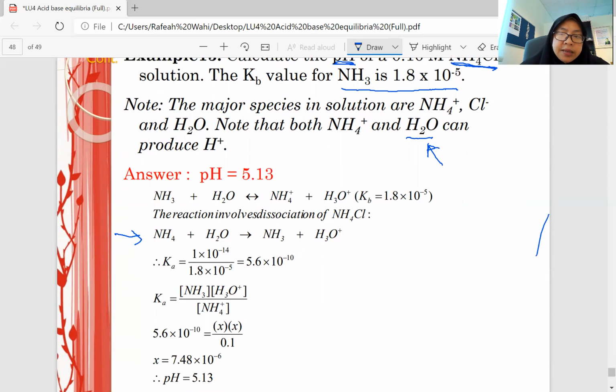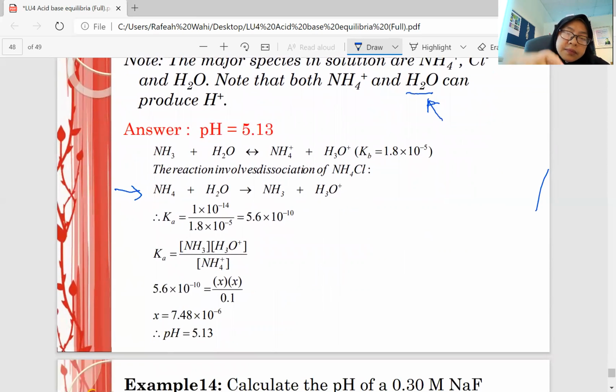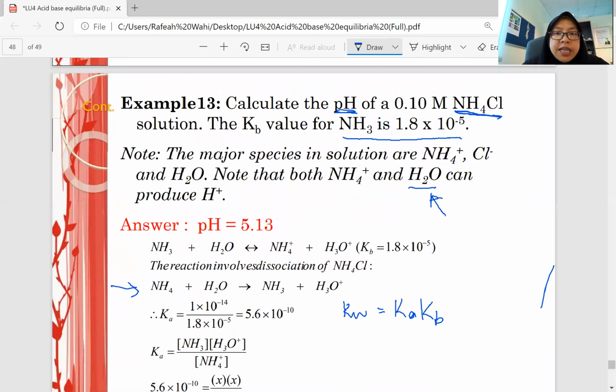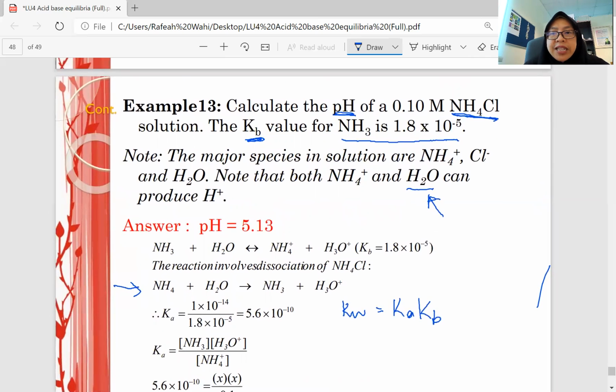Okay, so here you use the Kw equal to Ka times Kb expression. This is what we learned in the first part of the learning unit 4. From here, you can get Ka because you were given in the question Kb. However, you want to find ammonium ion, which is the acid component of this solution.